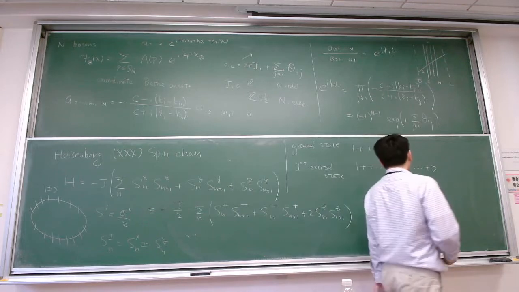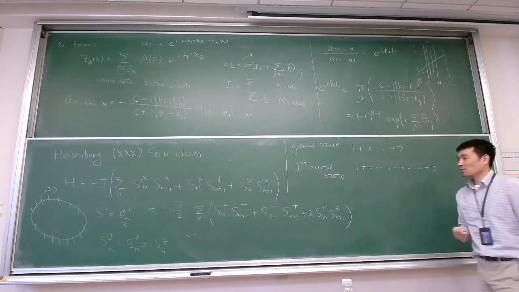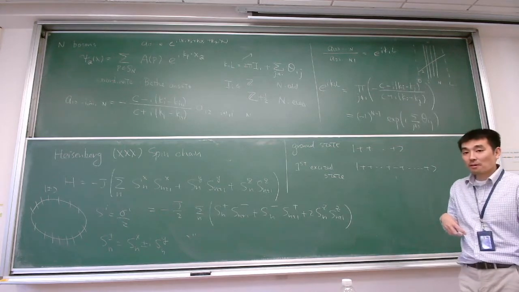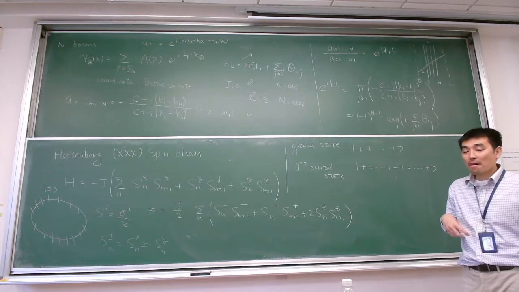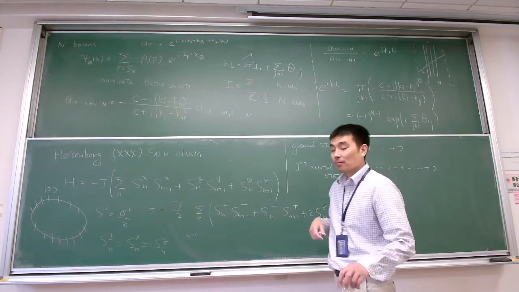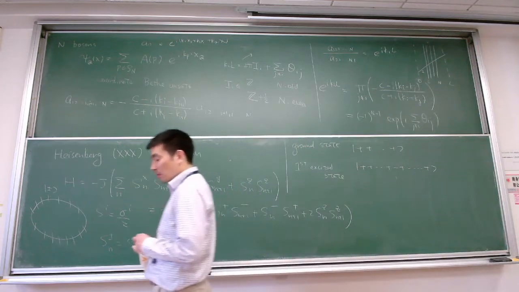Spin one half, because it's probably gapless. We cannot make the first excited state. What did you say?